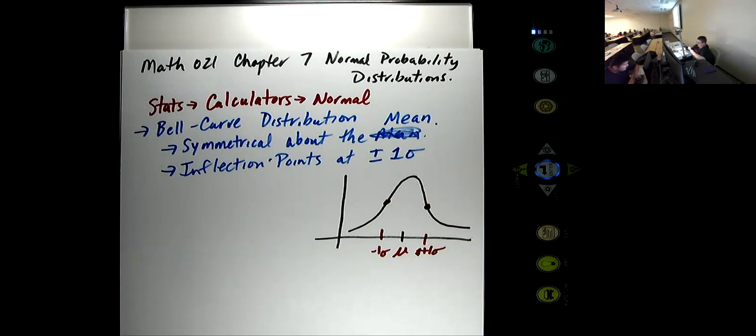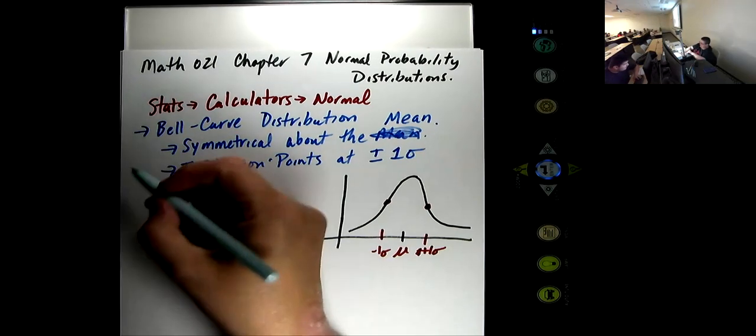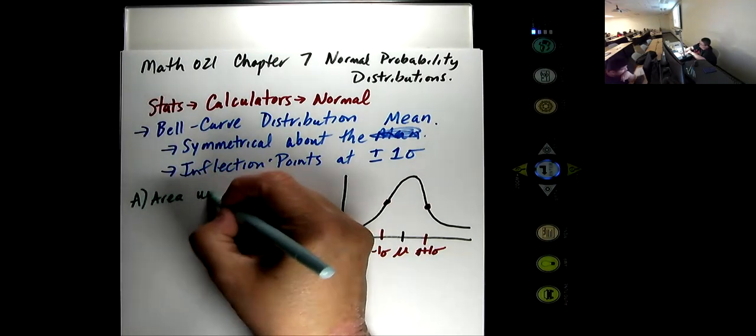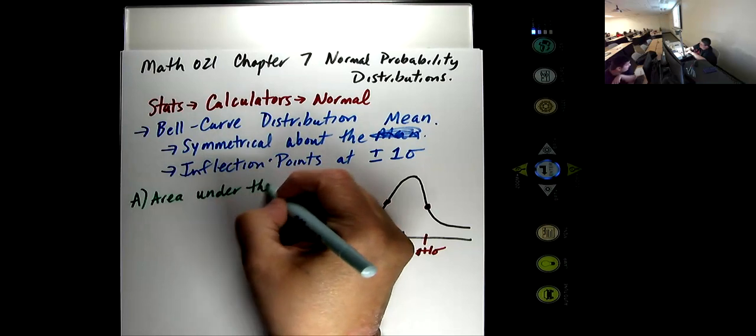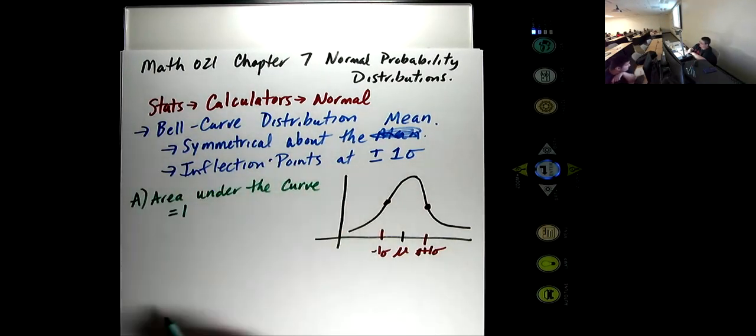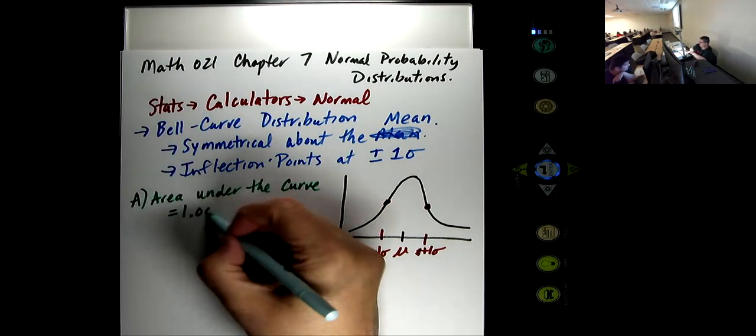Important other things to know about the normal distribution: the area under the curve is 1, 1.00.